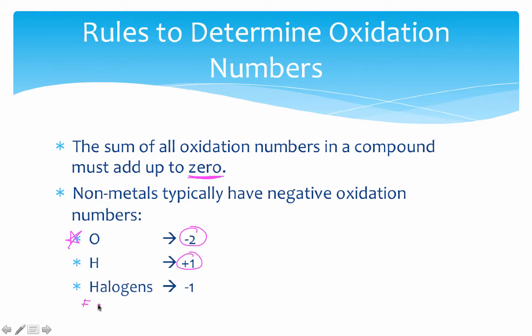This is going to be fluorine, iodine, chlorine, and bromine, but this is only when they are monoatomic ions. When these elements show up in polyatomic ions, that's when they have the other oxidation states that are listed on your periodic table. But when they are monoatomic ions, we're going to assume the charge is -1.